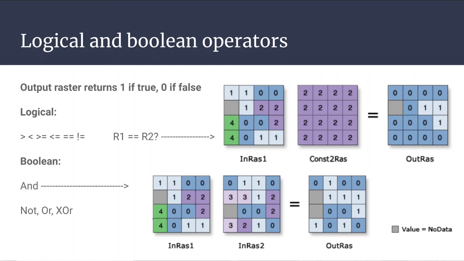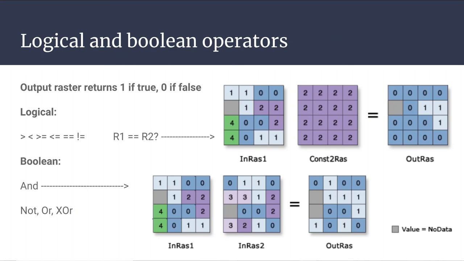Boolean, again, is a little bit more abstract, but when you're using, for instance, the AND Boolean operator, you get a binary output where both cells contain values. In this case, 0 as the input is false, and any valid input is true. So this is essentially checking for anywhere that has a value versus places that have a value of 0 or no data.